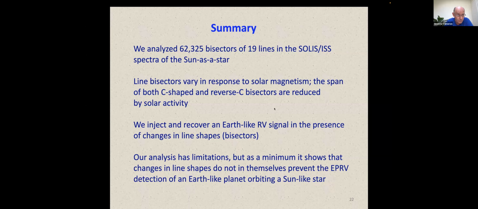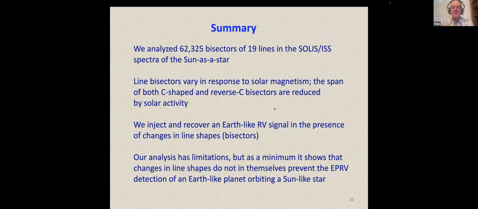Over the HARPS North or NEID wavelength range, of course, we've got thousands. For each of these instruments, do you have a feel for how the wavelength range and hence the number of lines that you can address compensates for the degradation of the measurement in the curvature?